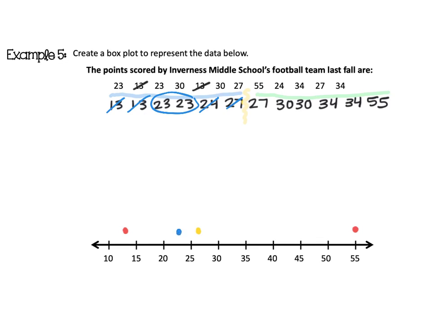And to find the median of the upper half of the data, I've got 30 and 34. So 30 plus 34 over 2, that's 64 over 2, which is 32.